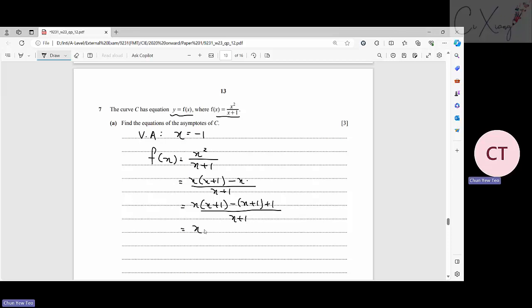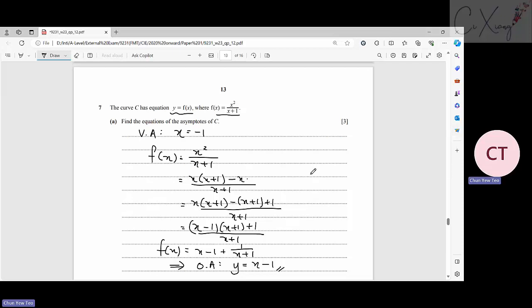So from here, I can factorize it like this, then I can get this as x minus 1 plus 1 over x plus 1. That is my f(x). So from here, I will get my oblique asymptote, which is y equal to x minus 1. Done. So I have two asymptotes here. One is a vertical asymptote, one is an oblique asymptote.